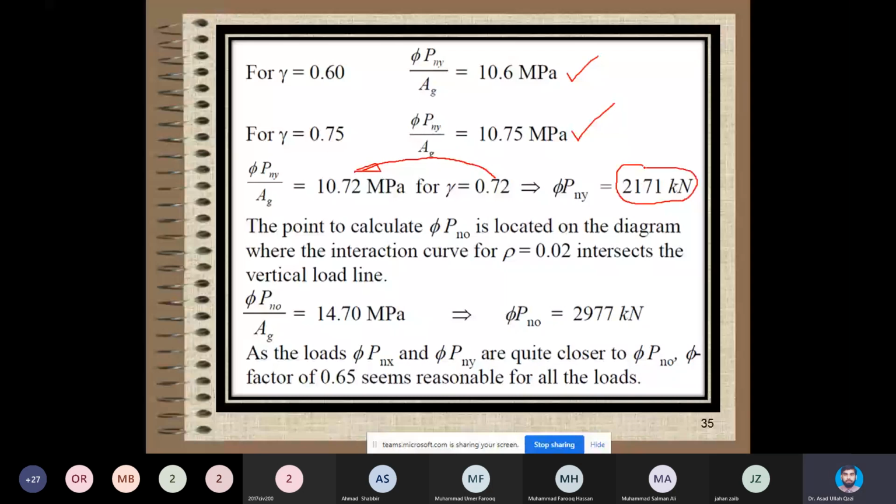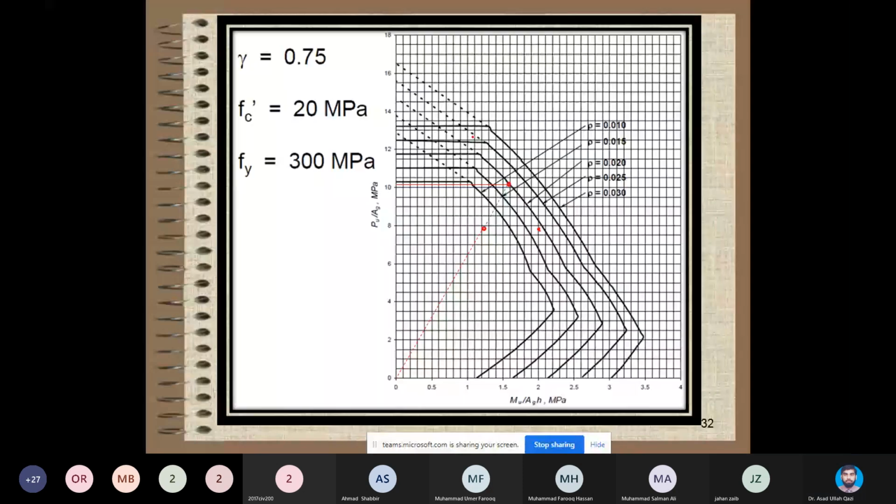Now the last point of the Bresler reciprocal load method was to calculate the axial capacity P naught. P naught I can calculate from the equation 0.85 Fc prime times (area gross minus area steel) plus area steel times Fy, multiplied with 0.65, or I can consult any picture, gamma 0.6 or gamma 0.75, and see where the 2% curve strikes the vertical axis.